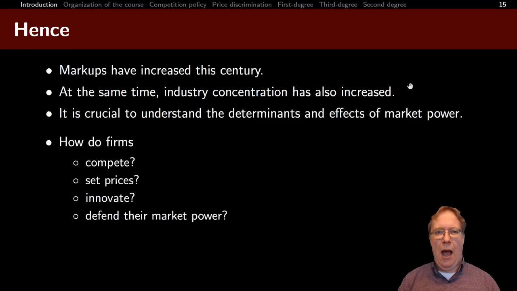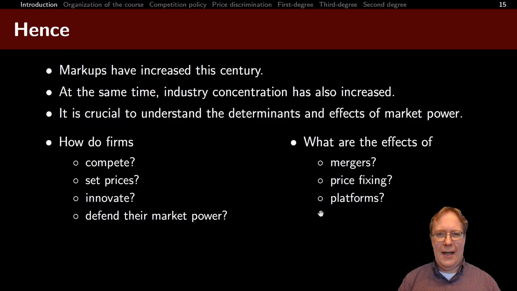So we study how firms compete, how they set prices, how they innovate, how they defend their market power, etc. And also, what are the effects of mergers? What are the effects of price fixing? In the last week, we will also look at platforms, which have indeed also come up in the last 1.5 decades. So, what is their business model and how does competition between, among, but also on platforms work?